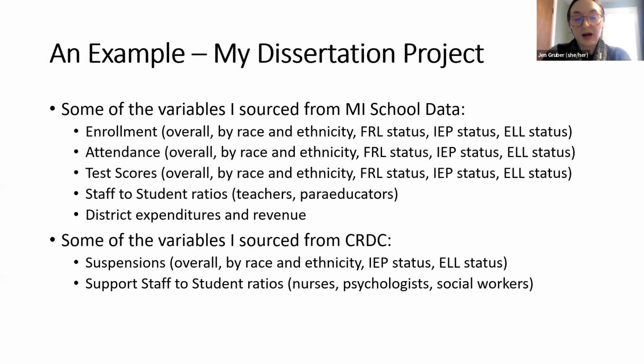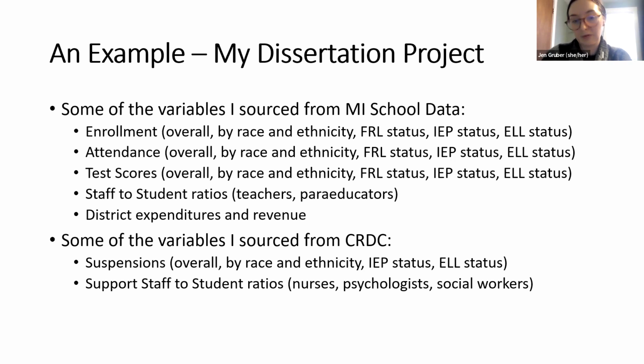From MI School Data, I was able to get most of this data at the school level. Any financial data is most likely going to be available at the district level, but enrollment data, so overall number of students as well as broken down by different categories, by race and ethnicity, by free and reduced lunch status, whether they have an IEP, whether they're categorized as an English language learner or not, as well as attendance rates broken down by all those categories, and test scores for all those categories.